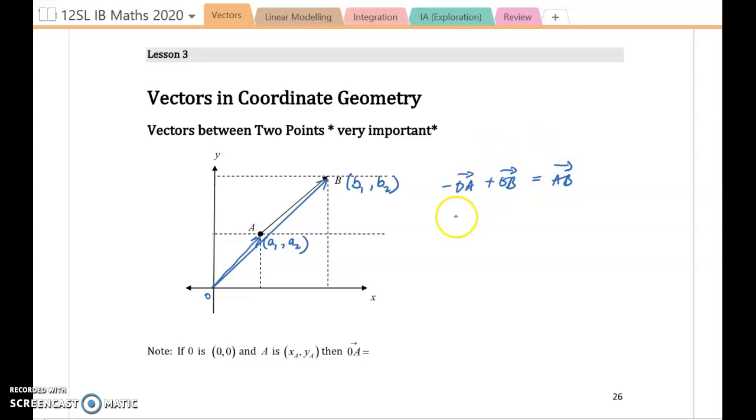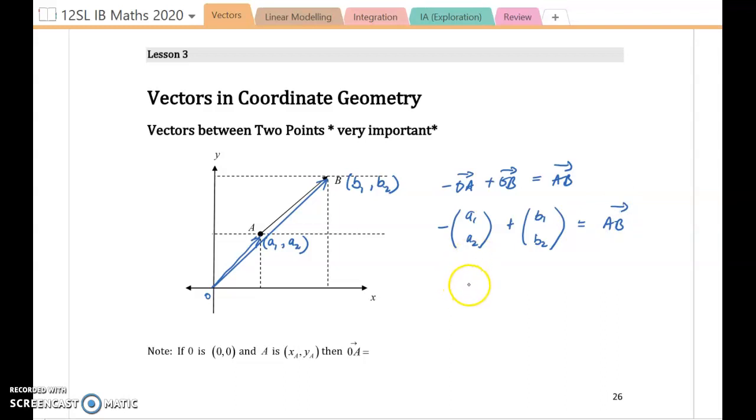So vector negative OA, though, we can write it as A1, A2, and OB is B1, B2, because that's how far they are from the origin. So that vector would be B1, B2. That is AB, right?